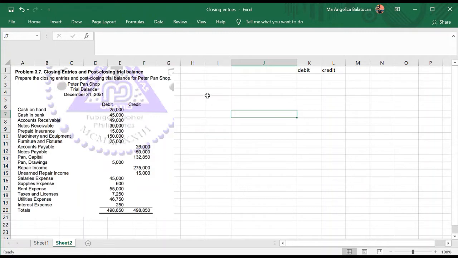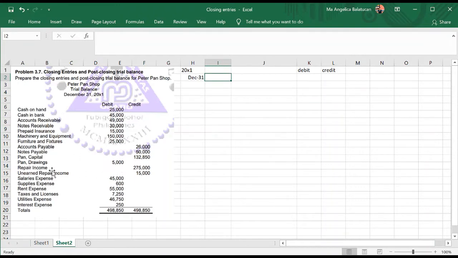So the first one is we will close the income. The closing entries will be prepared at the end of the year, so we will place the date: December 31, 20x1. So what are the incomes here?